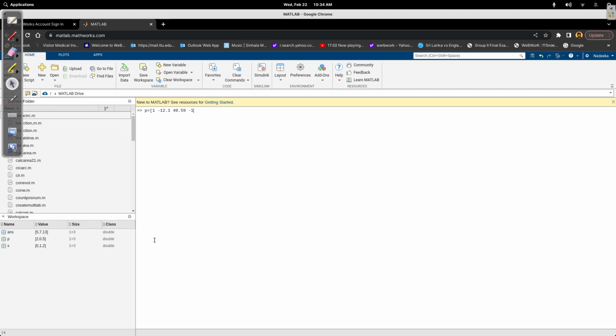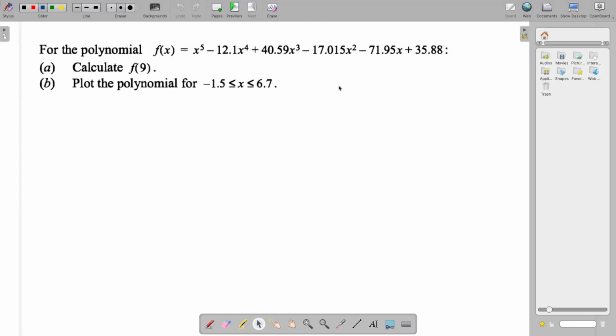Next one is 17.01, and 71.95, and 35.88. So these are the coefficients.